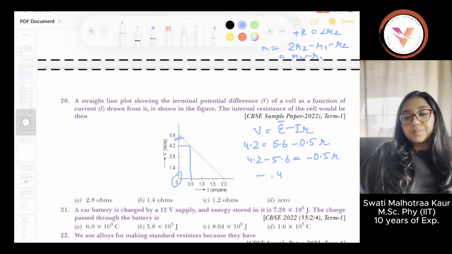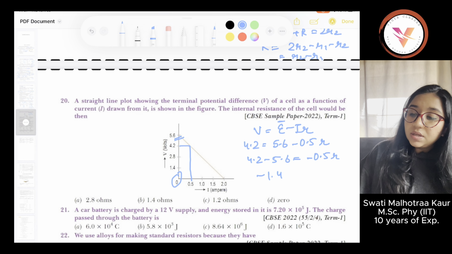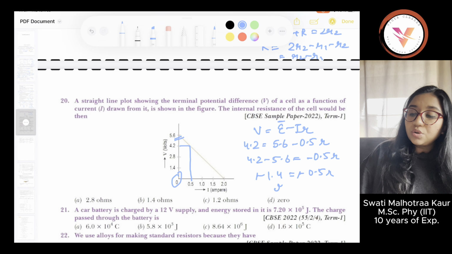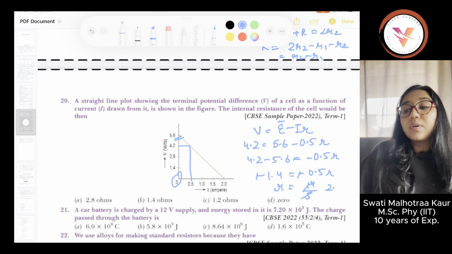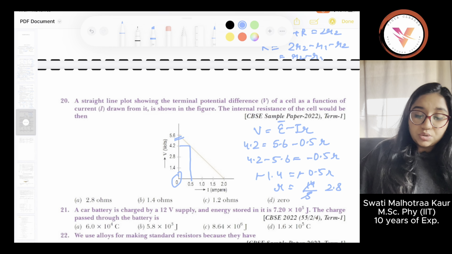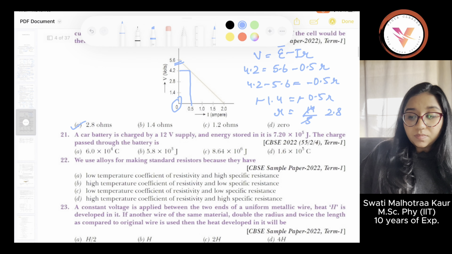It's 1.4, minus 0.5 R. So then R is equal to 14 by 5 directly. 5 twos are 10, 4, 5 eights are 40. So it's 2.8 ohm.